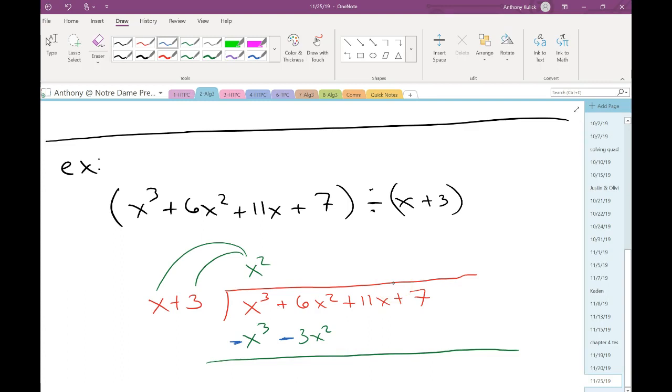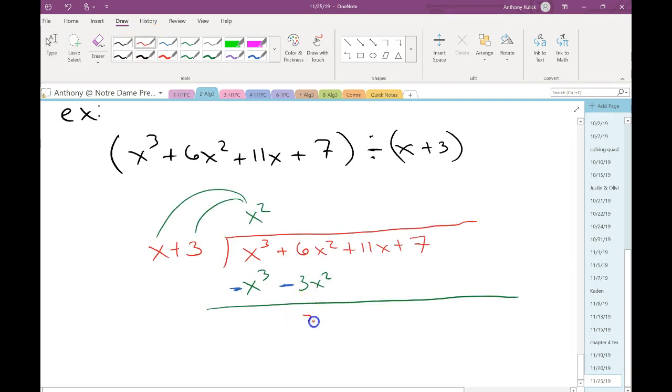So x cubed minus x cubed is 0. So we're good there. 6x squared minus 3x squared is 3x squared. And then I'll bring the next term down.